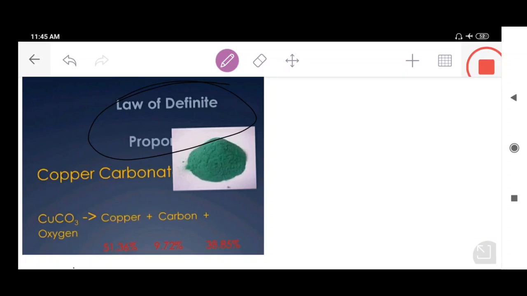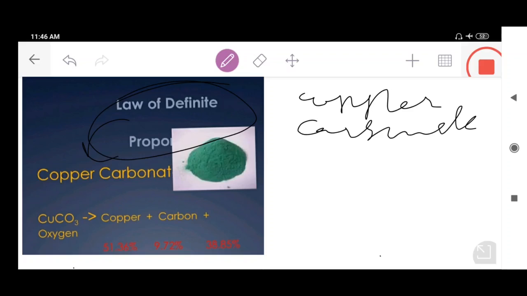I would like to put forward one more example regarding the law of definite proportions: the formation of copper carbonate.